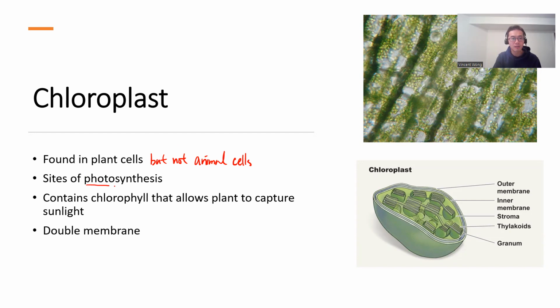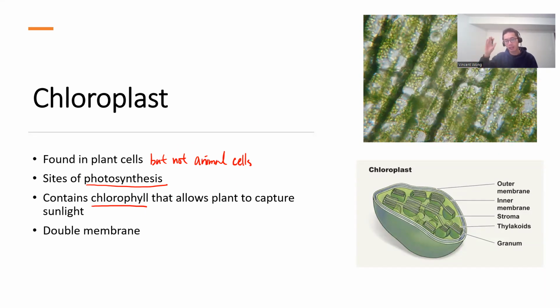This is the site of photosynthesis. If you don't know what that is, I will show you on the next slide. It contains chlorophyll, which is the stuff that makes plants green.